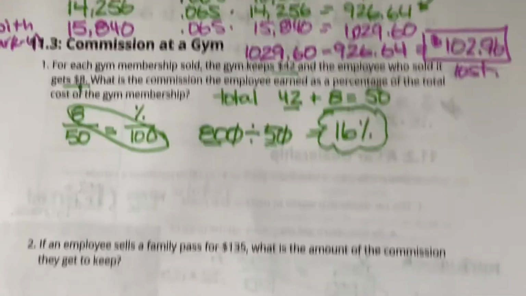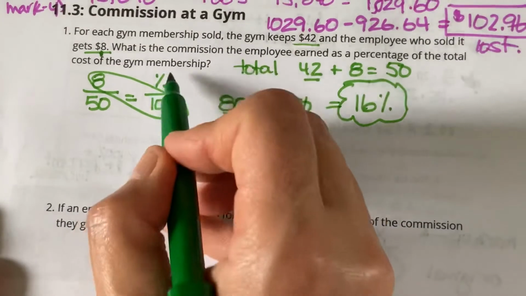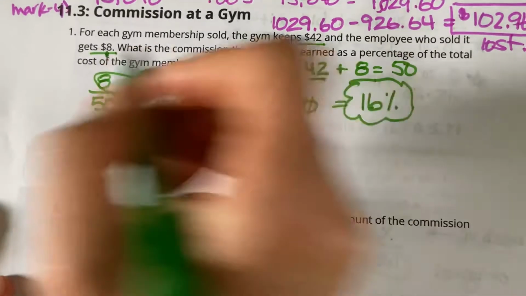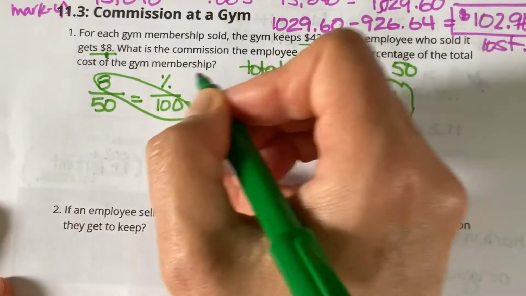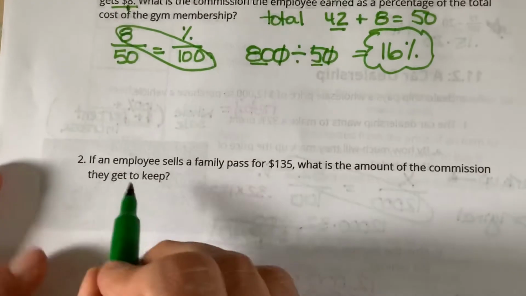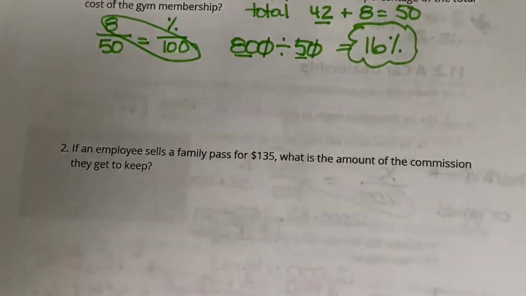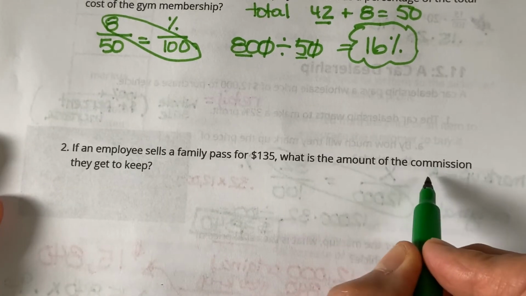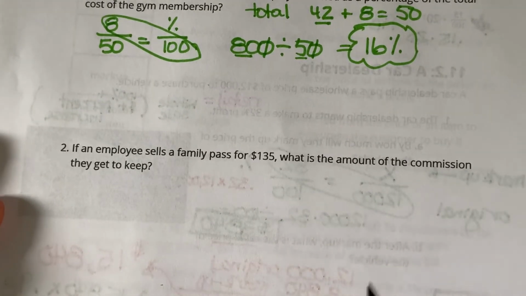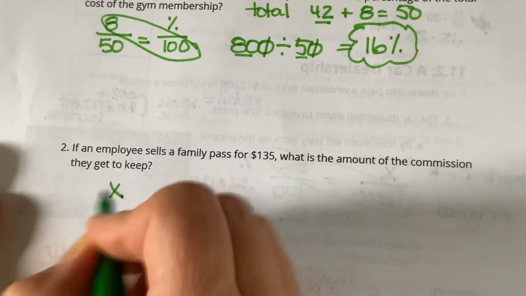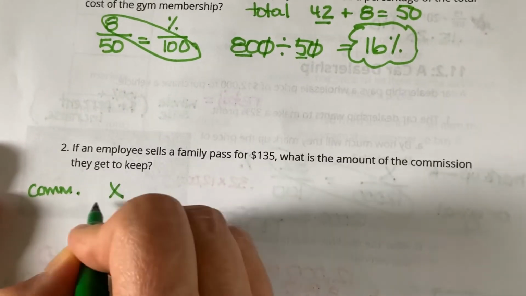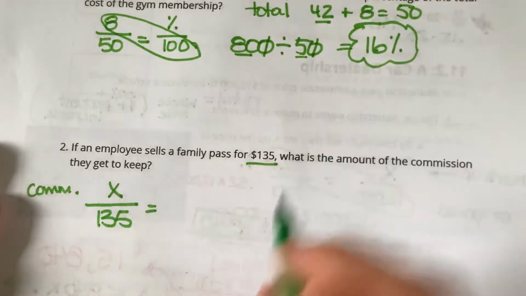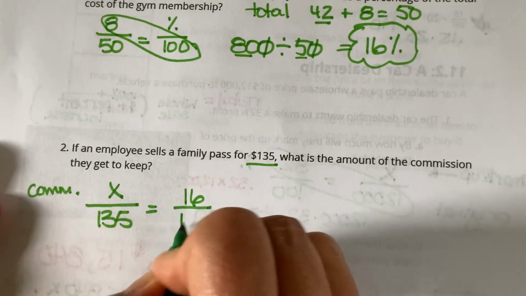So the second part of this question is, I just did the commission over the original, percent over 100. Now it says if the employee sells a family pass for $135, what is the amount of commission he'll get? So I'm looking for the commission over the total. Now it's 135. I know that he gets 16% because we just figured that out, over 100.